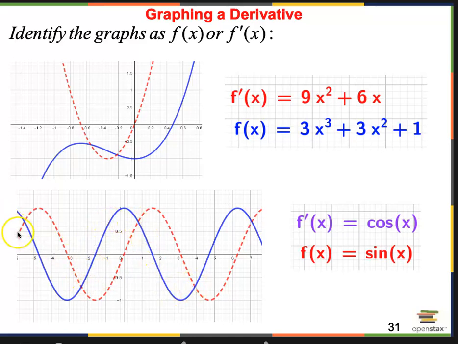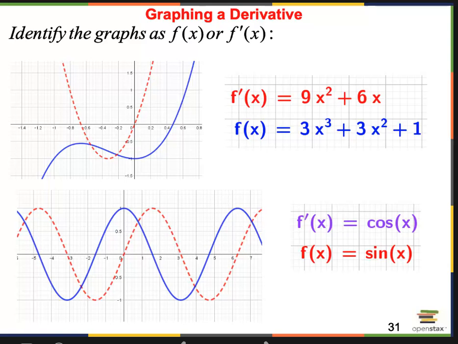And again, as the sine increases, it gets to a point where it's no longer increasing, and you see that the derivative is above the x-axis. When the derivative drops below the x-axis, that's where our original function is decreasing. And then the derivative goes back above it, and that's where our original function is increasing. So again, that tells you a lot about your functions.